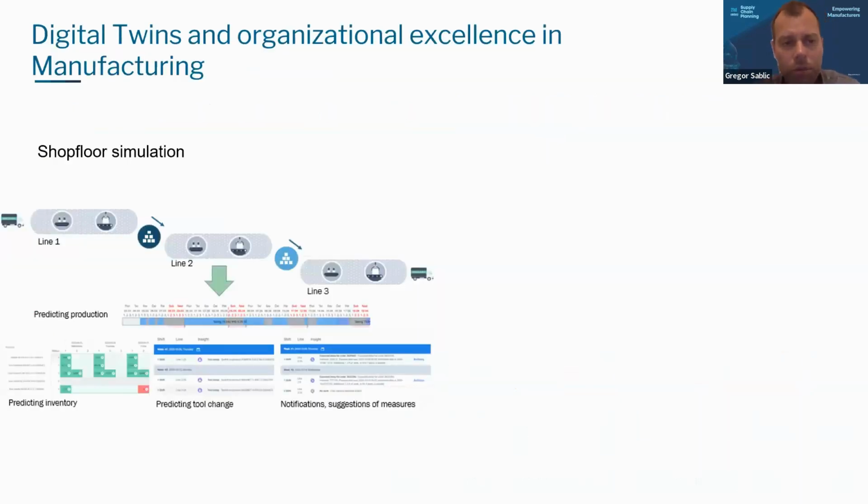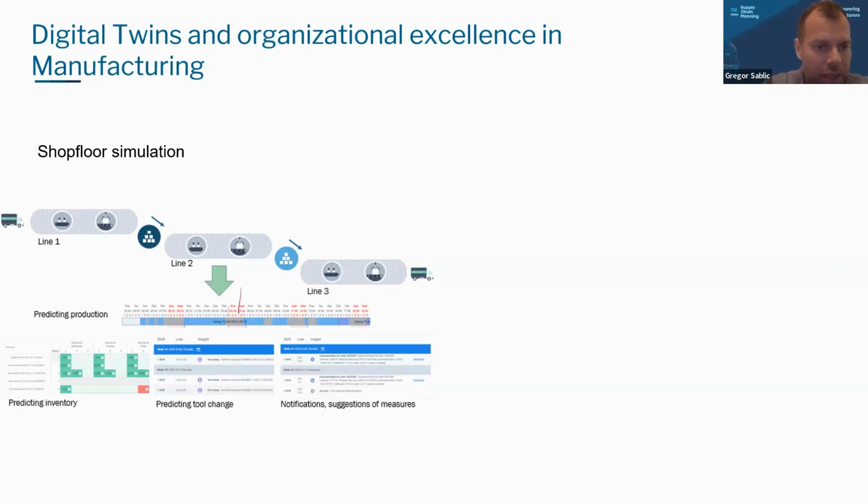And now maybe to turn to that part, how do we actually improve organizational excellence by utilizing a digital twin in manufacturing? We create a full shop floor simulation, as visible here, and also predict production based on learned historical data.